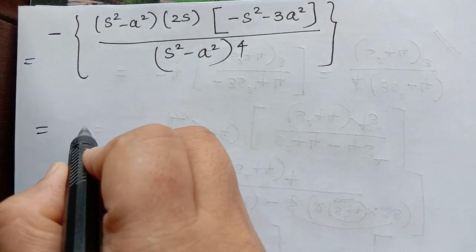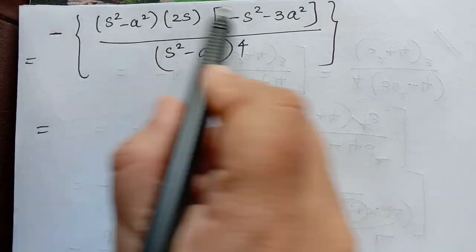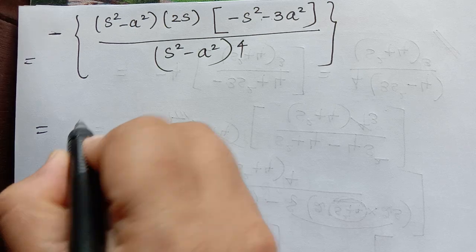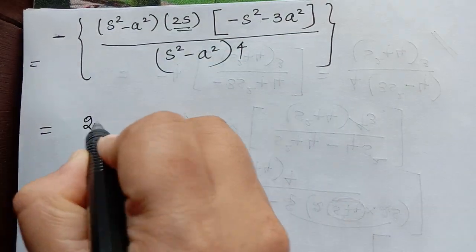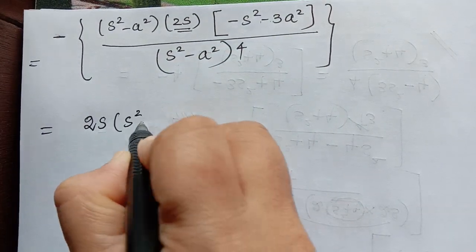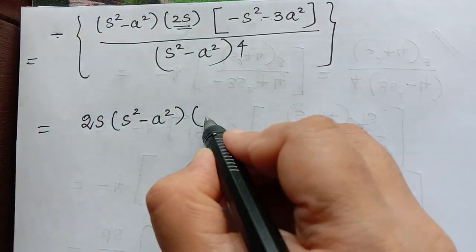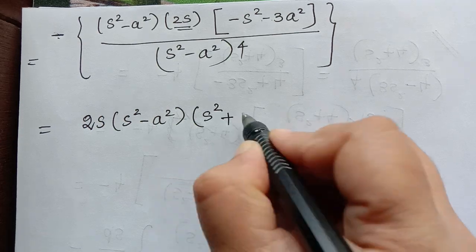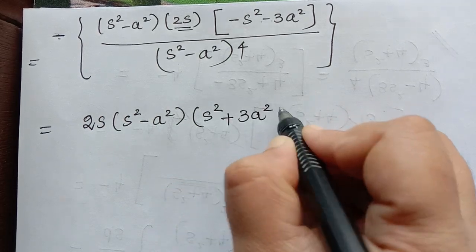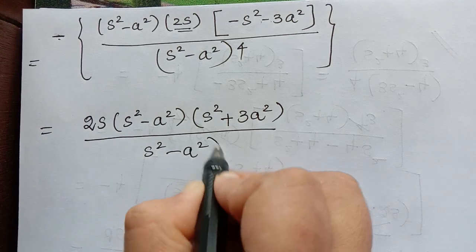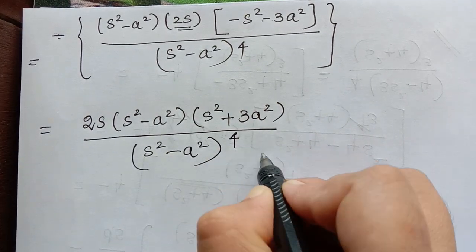So further this will be equal to, now this negative sign when it gets multiplied, these two terms will become positive. So this I will write first: 2s multiplied with s square minus a square, and the negative gets multiplied here, so it becomes positive, and this also plus 3a square, the whole divided by s square minus a square, the whole raised to the power 4.